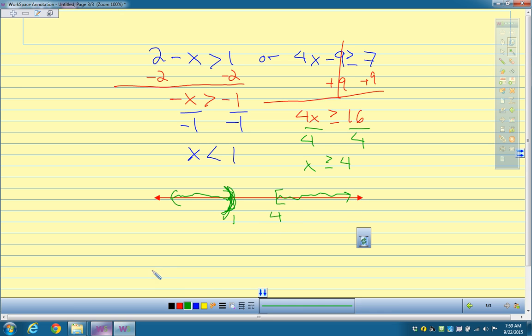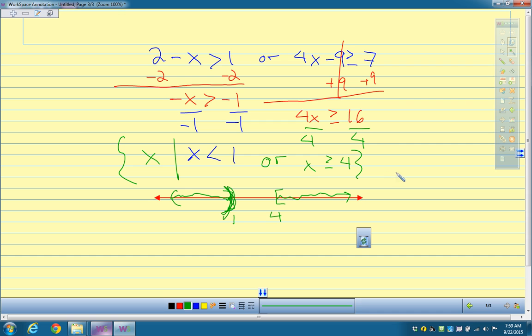And that's a 4. Okay? Set builder notation would just look like this. You put an or in between, and then you go x bar over here, and then you'd put that over there. That's set builder notation. X is less than 1, or x is greater than or equal to 4.